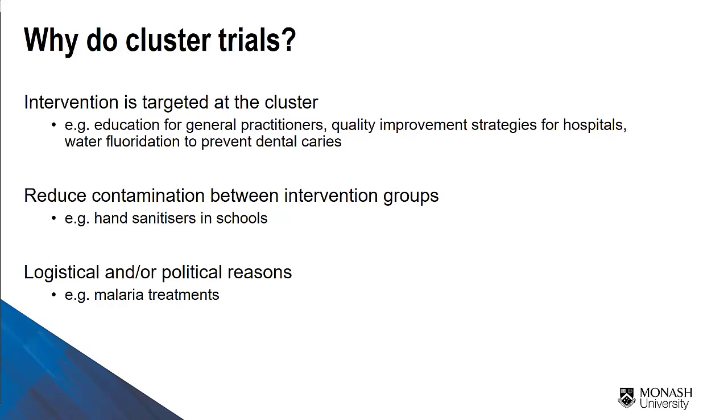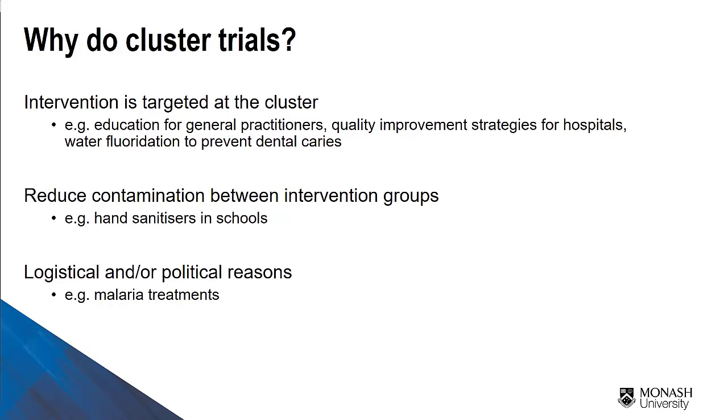And if that started to happen, then we would reduce our ability to determine if there was an effect of hand sanitizers or not. And so one way to get around that is to randomize at the level of a cluster.